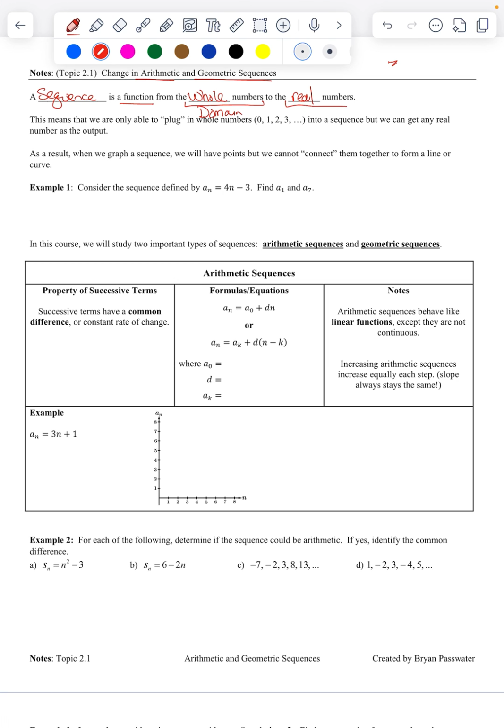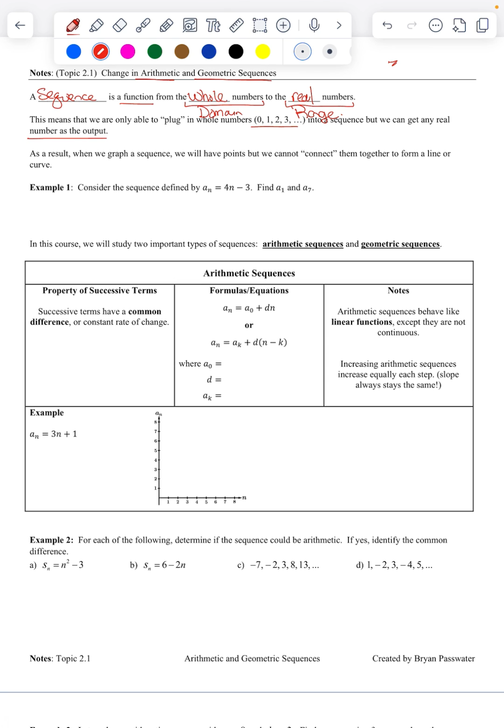And that's going to be our range. This means that we are only able to plug in whole numbers, 0, 1, 2, 3, into the sequence, but we can get any real numbers as outputs.